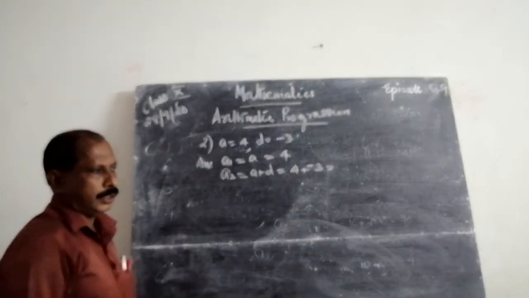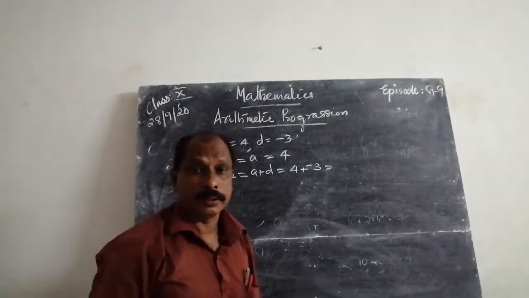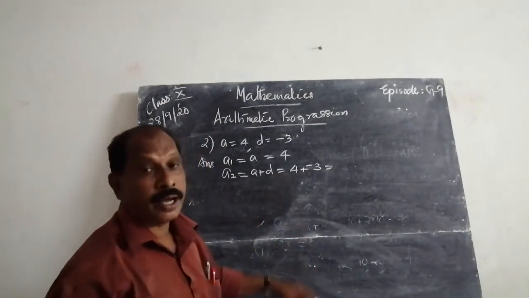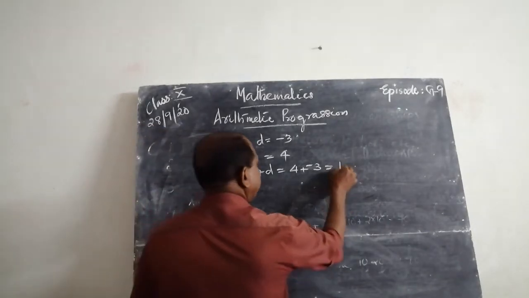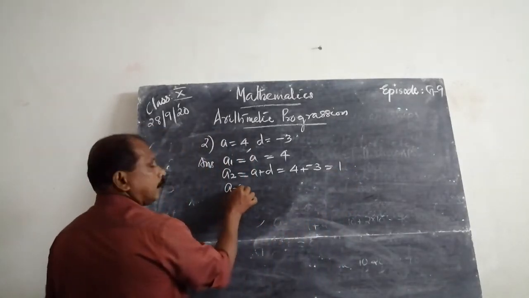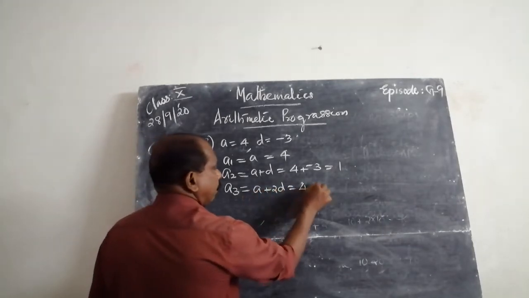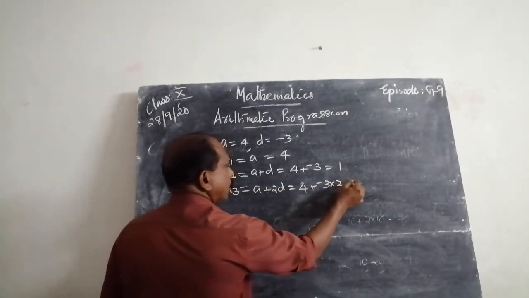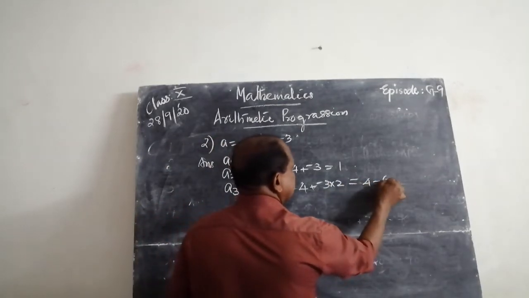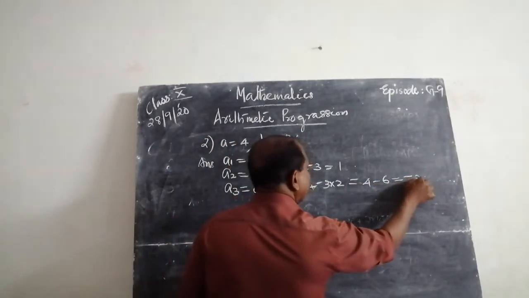One is positive, other is negative, take the difference, that difference is 1, highest is 4, therefore answer is 1. a3 is equal to a plus 2d is equal to 4 plus minus 3 into 2 is equal to 4 minus 6, that is minus 2.